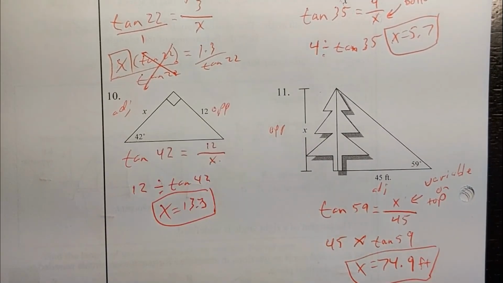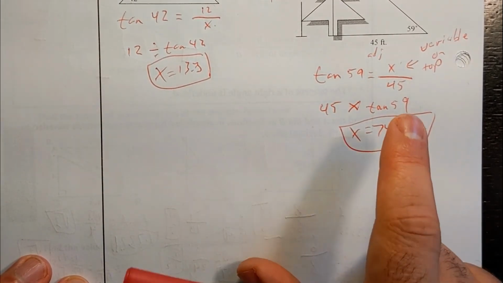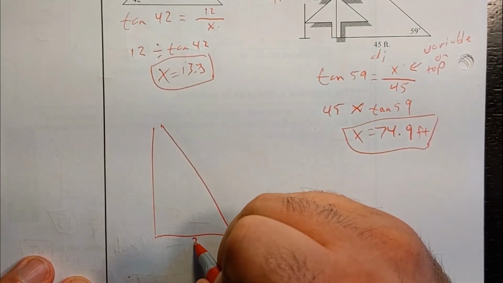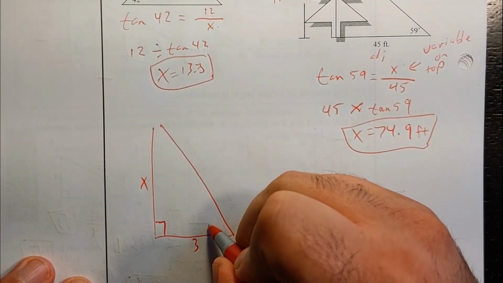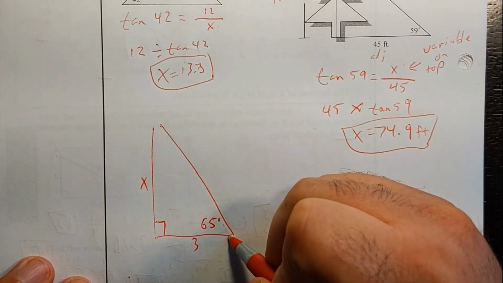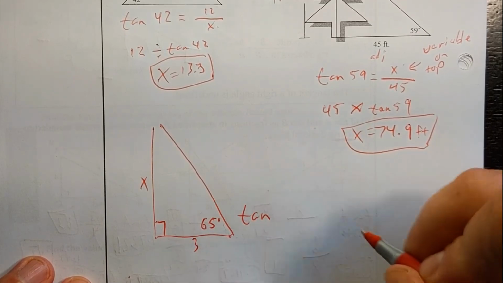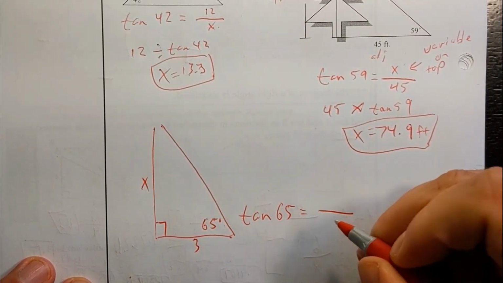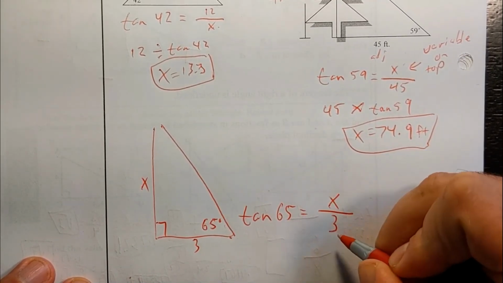I'm gonna do one more example, just so you have at least two of the problems that are multiplying instead of dividing. So I'm gonna do one that's 3, and we're looking for this side, and this is gonna be 65 degrees. So from this angle, x is my opposite, 3 is my adjacent. I'm using tangent because of opposite and adjacent. Angle goes next to it. On the top of the fraction, the opposite. On the bottom of the fraction, the adjacent.